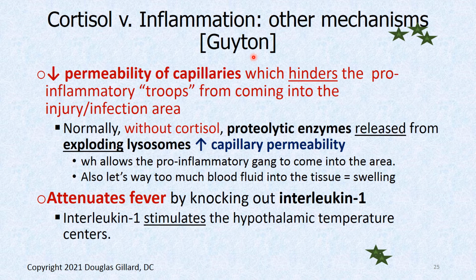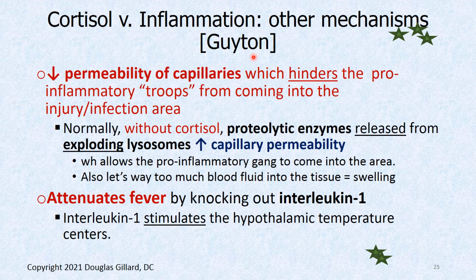And so cortisol decreases capillary permeability. If you decrease capillary permeability, it makes the endothelial cells get tight, and they won't let some of these inflammatory cells in.